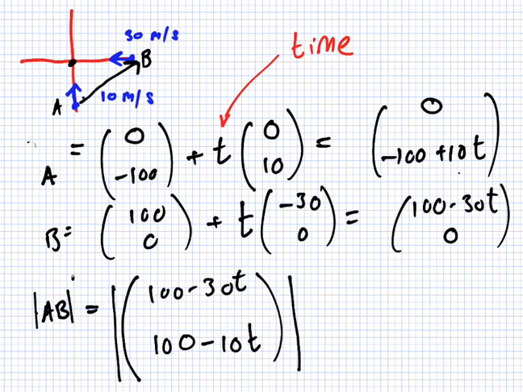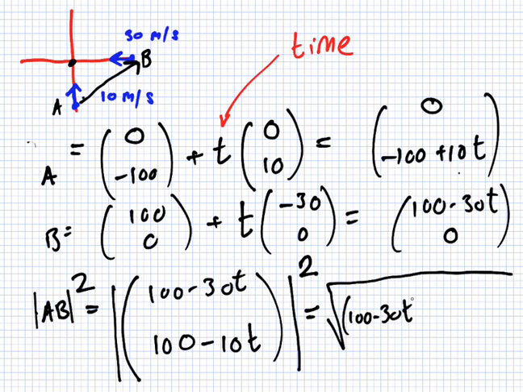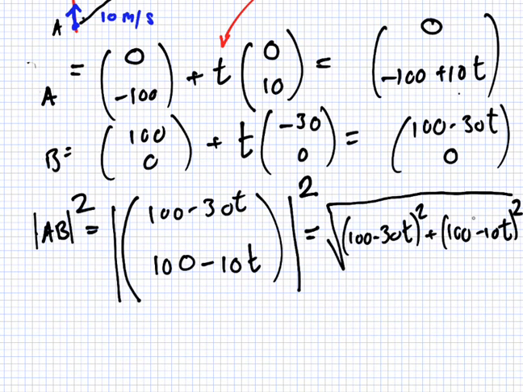So the magnitude squared would equal the magnitude squared of this, which would equal the square root, 100 minus 30t squared plus 100 minus 10t squared, with a square as well, because of the square here.